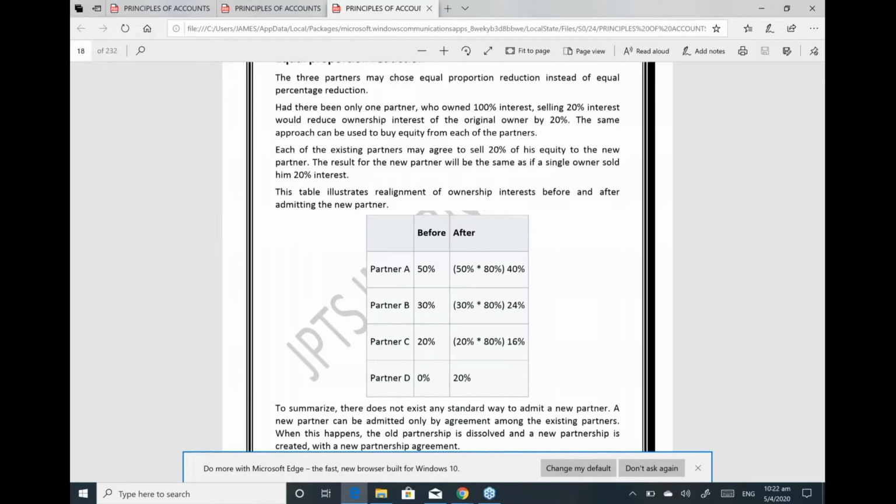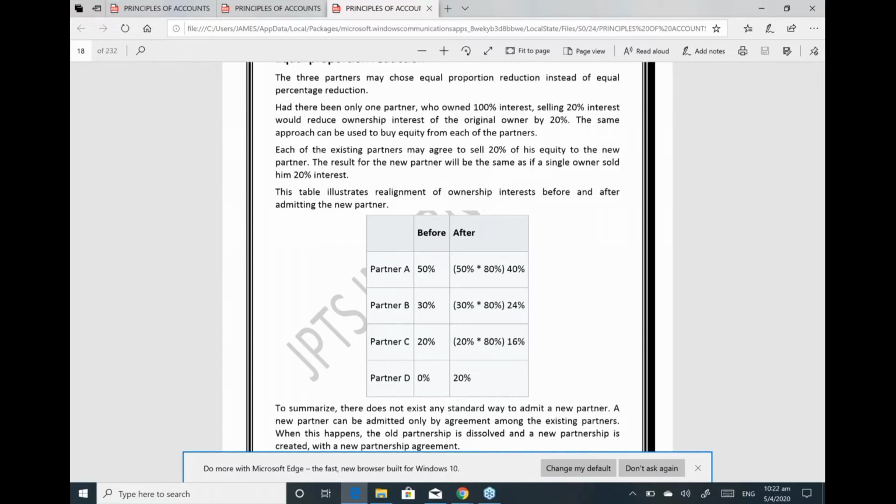Now, if they are selling 20% equity, it's going to give us 50 times 80%. If you multiply 50 by 80%, we are going to have about 40%.